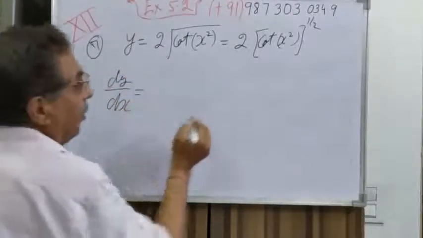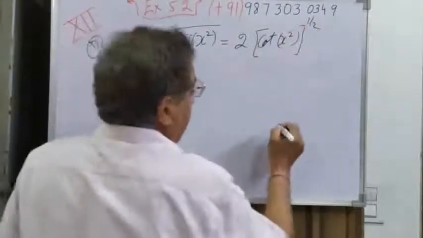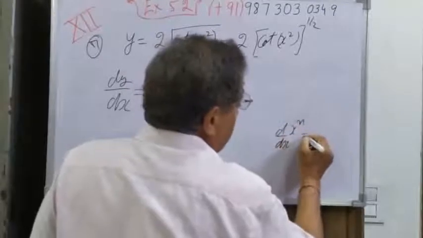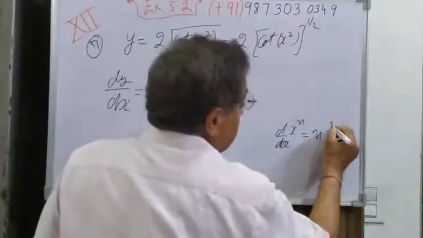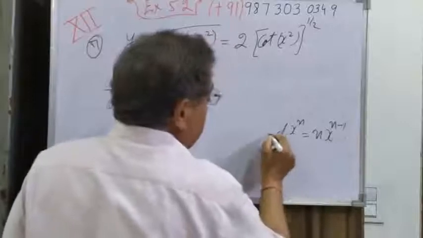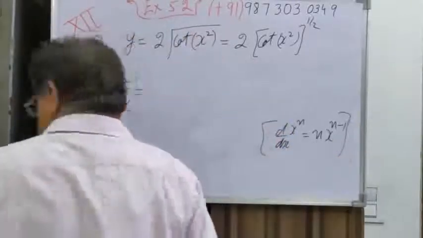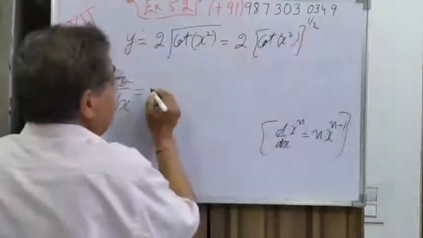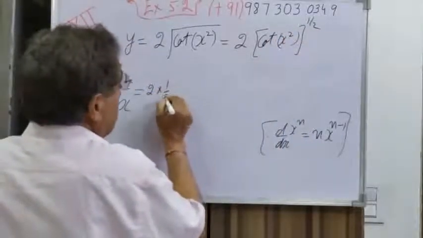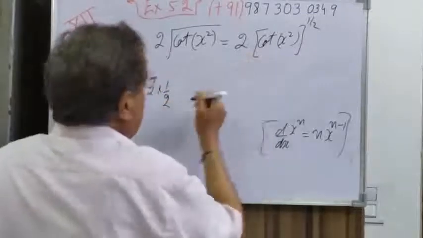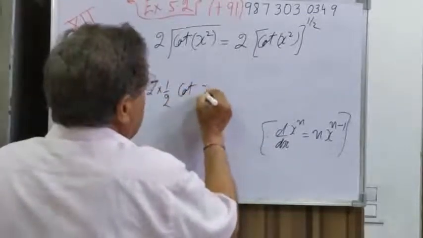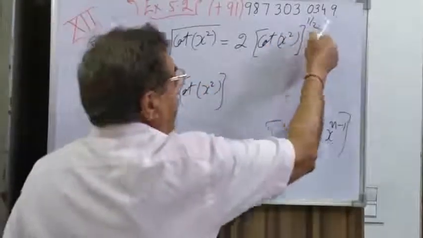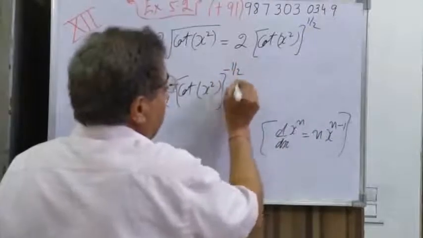As per our formula, first of all, what formula am I going to apply here? d/dx of x to power n gives us n x^(n-1). Here n is 1 by 2, so write down 1 by 2, and cot x square raised to power half minus 1 gives us minus 1 by 2.